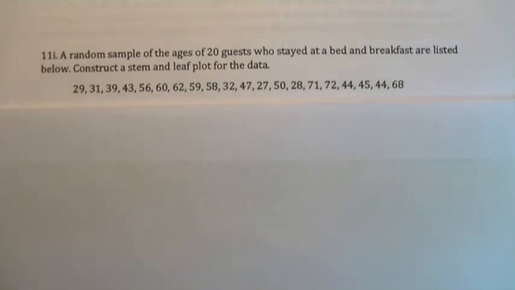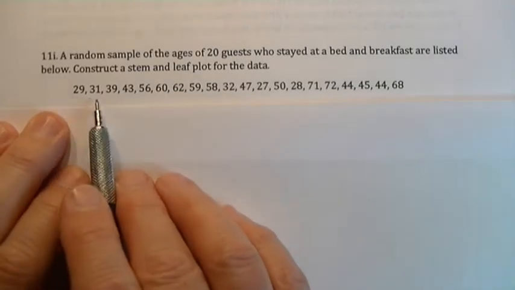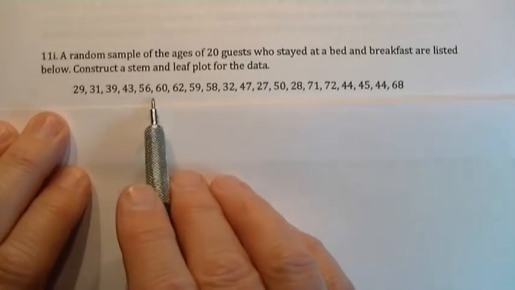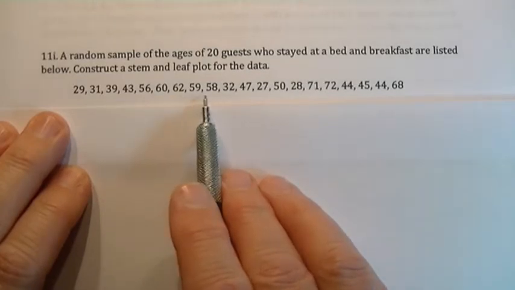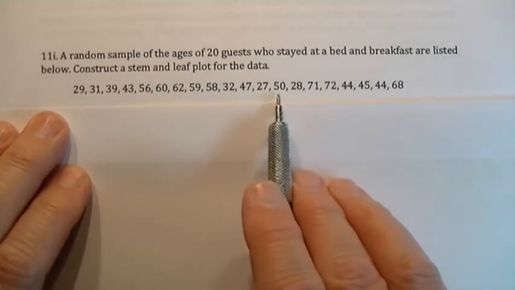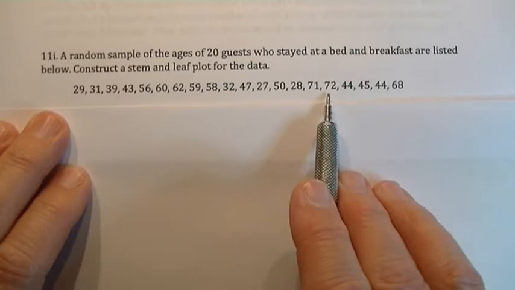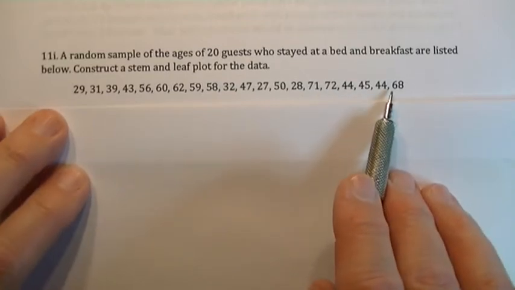So the first thing I think you want to do is take this in two steps. I'd take a look at the data. We've got some 20s, some 30s, some 40s, 50s, 60s, 70s. So we've got 20s through 70s.